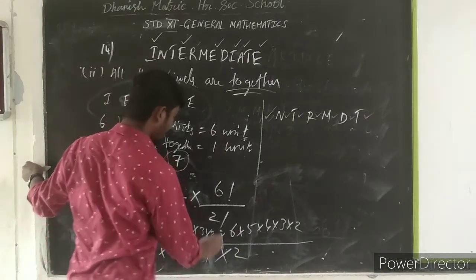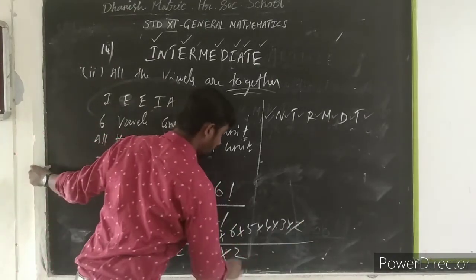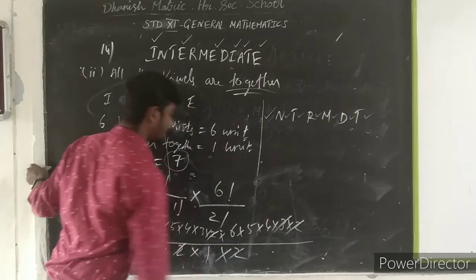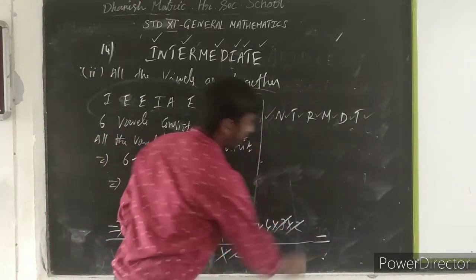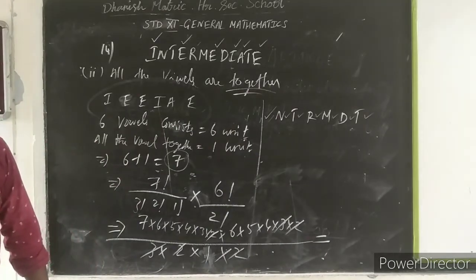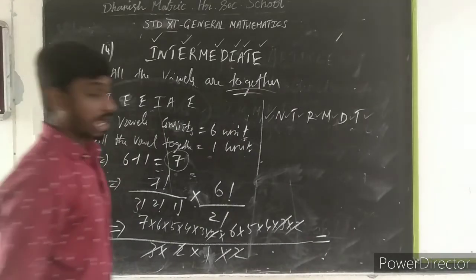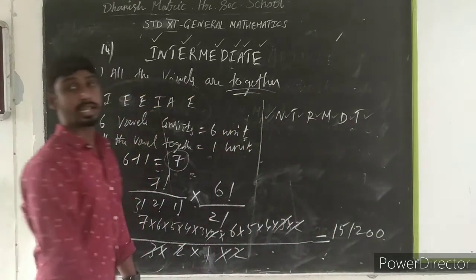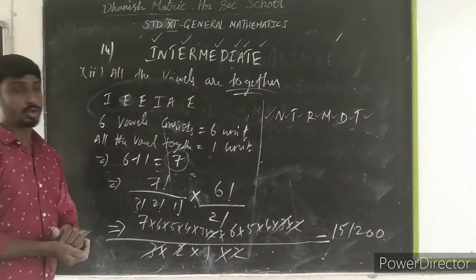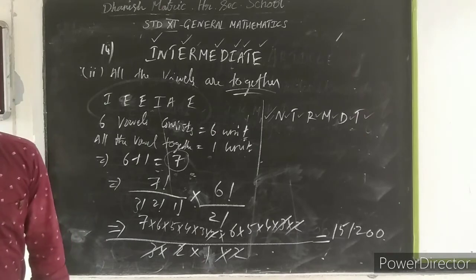You are cancelling this one. 2 and 2 cancel, and 2 and 2 cancel. 3 and 3 cancel. What are the remaining values here? You are going to multiply. You are simply getting 1,51,200. Number of ways you are getting 1,51,200 ways here.